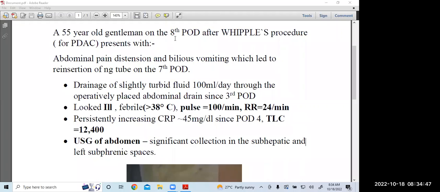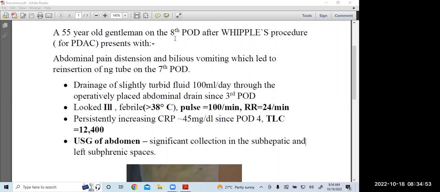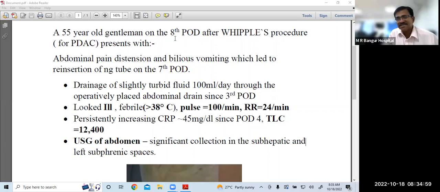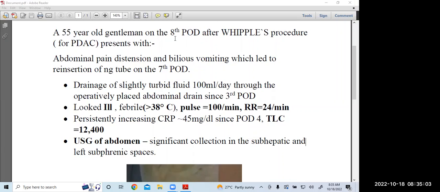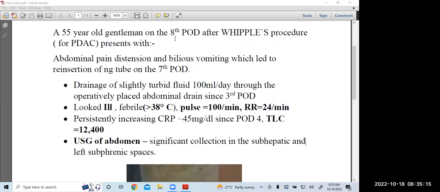There have been some studies, few studies, which have claimed that pancreaticogastrostomy is a better option than pancreaticojejunostomy. But don't end up saying no, leave a discussion. Overall, over a number of randomized controlled trials, it has not been proved specifically that one is better than the other.